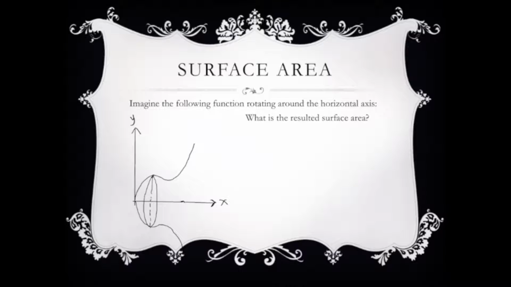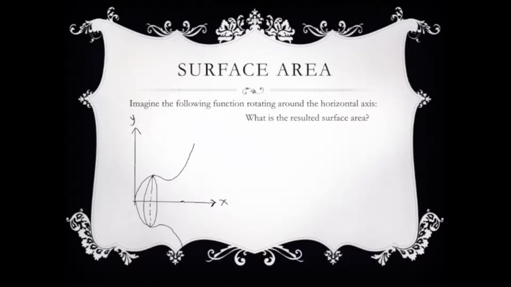Now let's talk about surface area. Let's imagine the following function rotated around the horizontal axis. What would be the resulting surface area? Since we are in Calculus 1B, we will start by taking a segment. This segment will be the radius of the small circle that we formed.